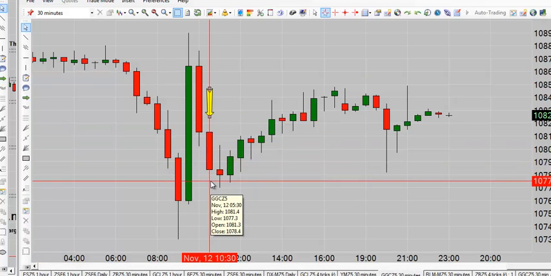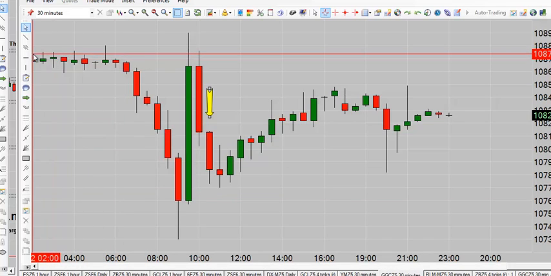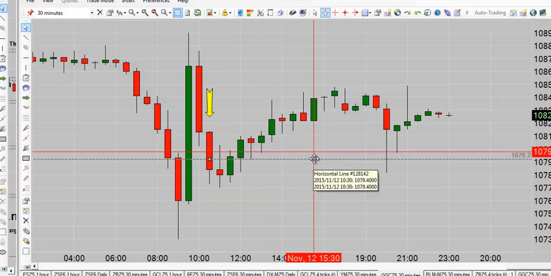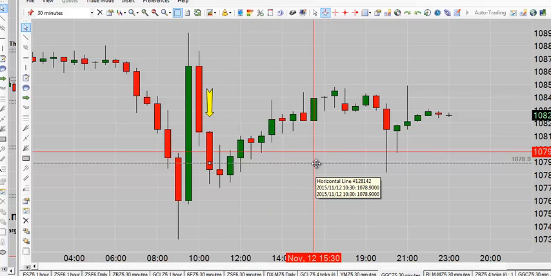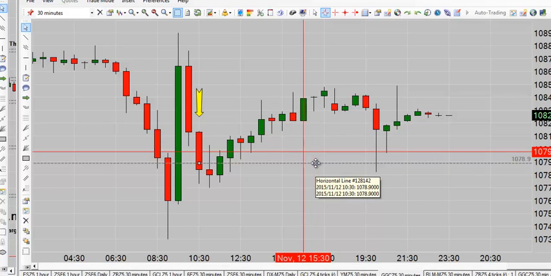Yes. Okay. And so the order of the day was to be short below 1079. Which means I got to drop it one tick to 78.9.